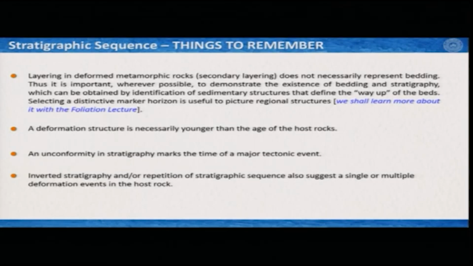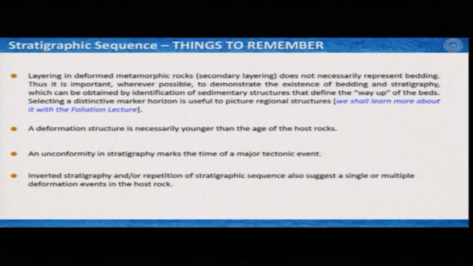Most of the structurally deformed rocks are metamorphic rocks as well, and it produces many different other layers. We'll learn about it later. But it is important that you learn or you are skilled to distinguish between primary layers and secondary layers. And once you identify the primary layers, then it is important that you try to understand what is the younging direction.